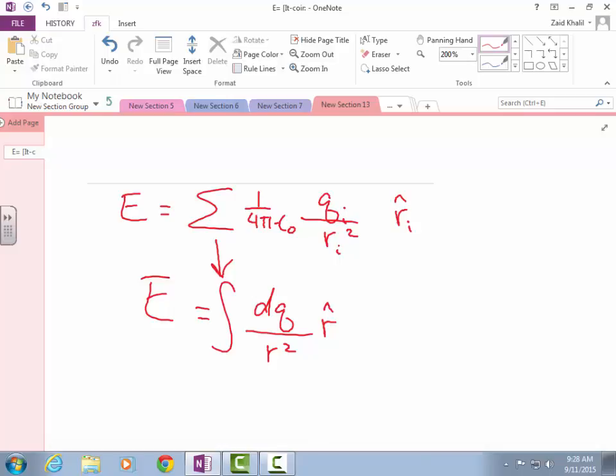So to see how this works, I'm going to do the simplest case. And the simplest case would be a ring of charge. So something like this. And I'm actually quite curious if I could set this up. I'm pretty sure I should be able to. All right, I should be able to set up a ring of charge. How would I do this?